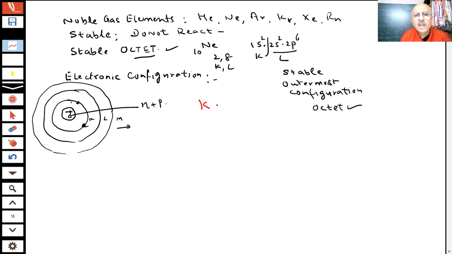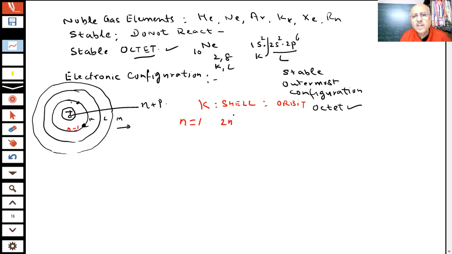If you have the K shell, this is also called an orbit, the first orbit. My K shell or orbit, when we say n equal to 1, is the first shell.